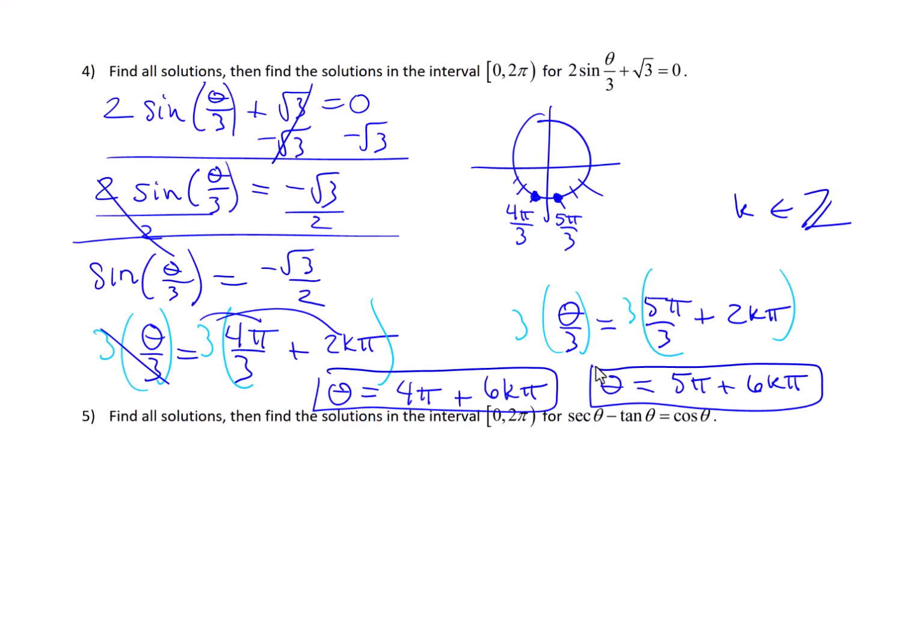Now, the second part of this said to find the solutions in the interval 0 to 2 pi. Well, think about this for a second. What if k was equal to 0? In that case, our solutions, using our two formulas that we already established, if you plug in 0 for k, the second terms disappear.